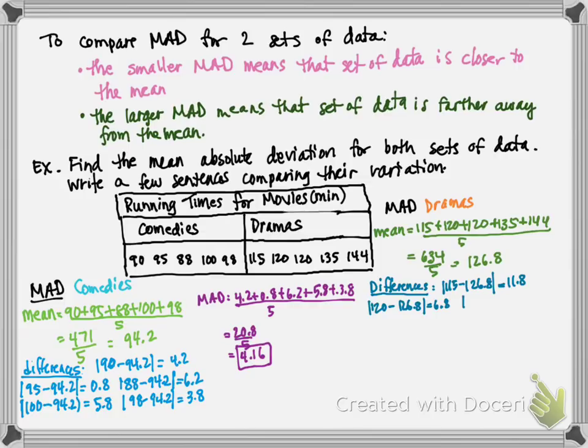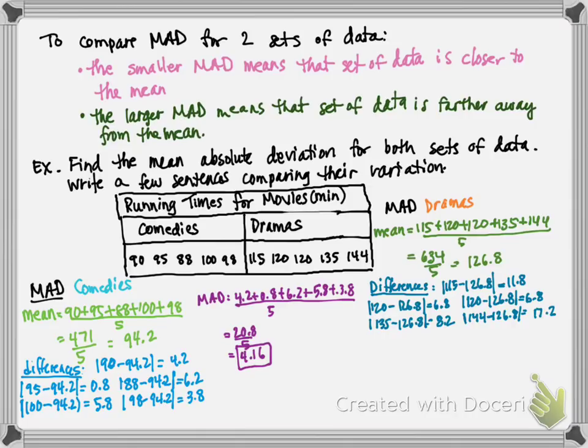We're going to do the absolute value of 120 again, so we got another 6.8. Then the absolute value of 135, take away 126.8. That's going to give me 8.2. And then we've got the absolute value of 144 minus 126.8. And that's going to give me 17.2.